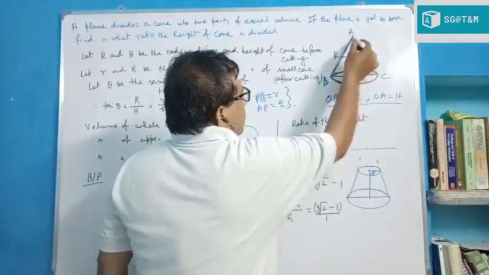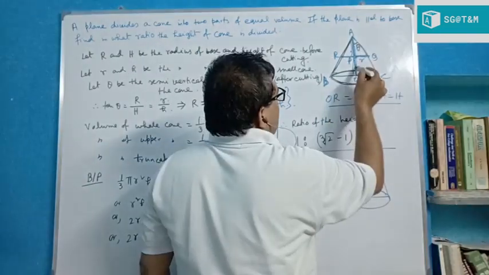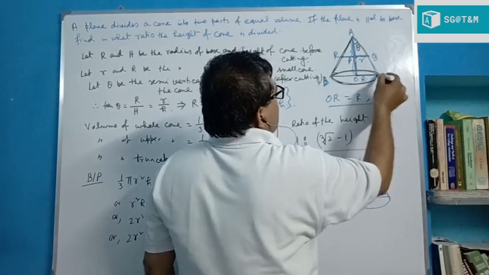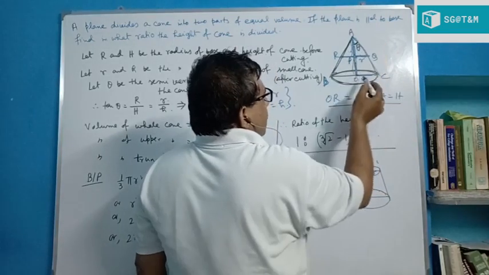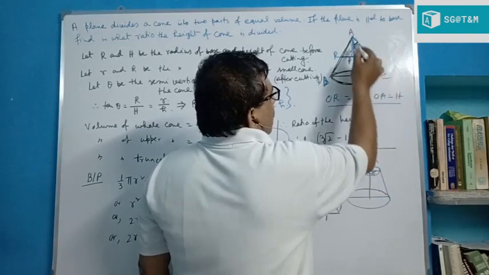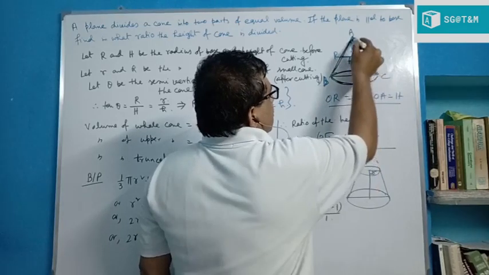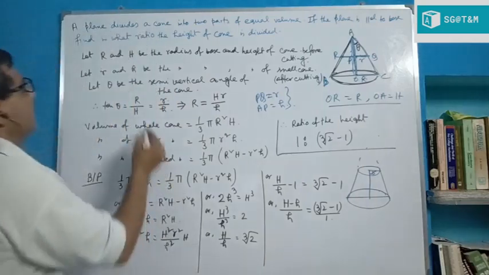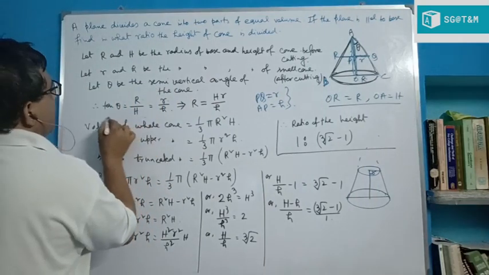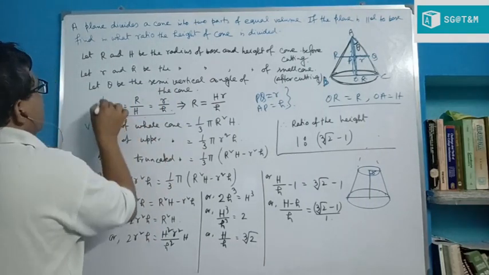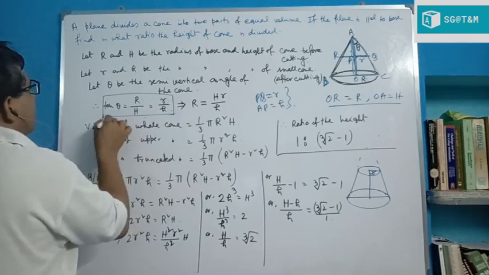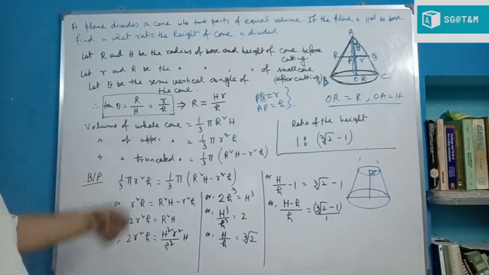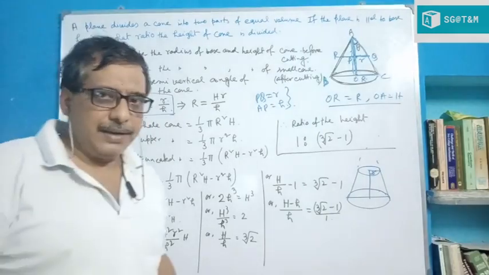Now if we take this total triangle, this angle is theta, the same. This is the perpendicular and this is the base. So tan theta is equal to capital R by capital H. This relation comes from the semi-vertical angle, and it can also be written using the similar triangle property.